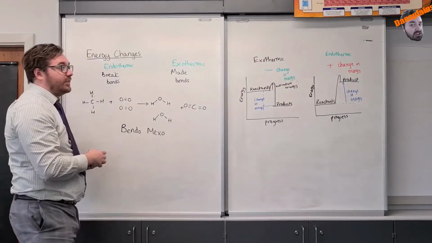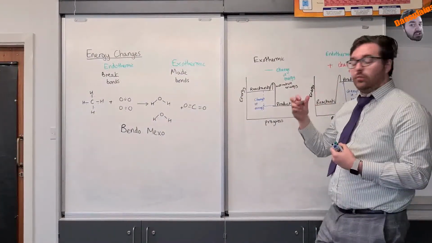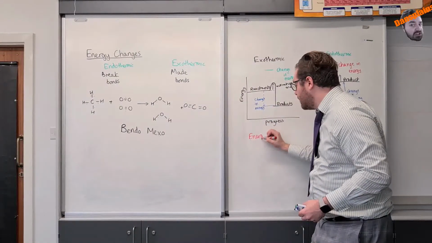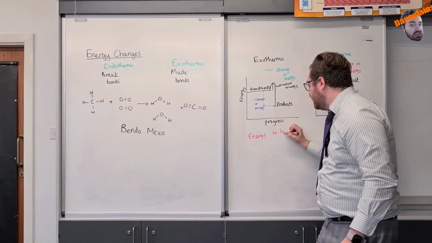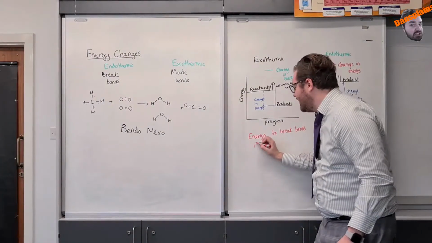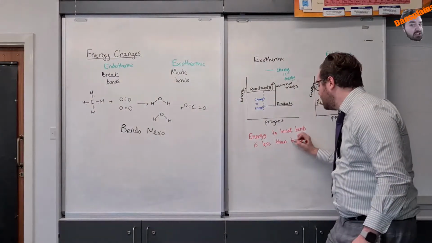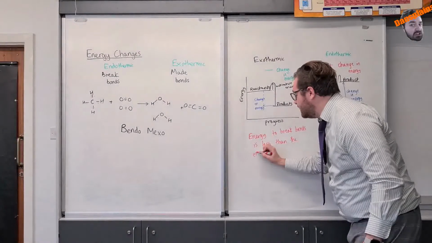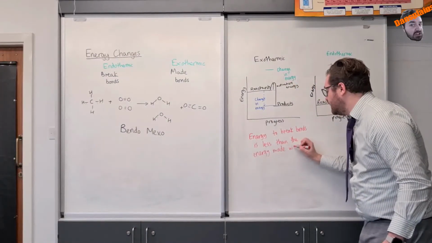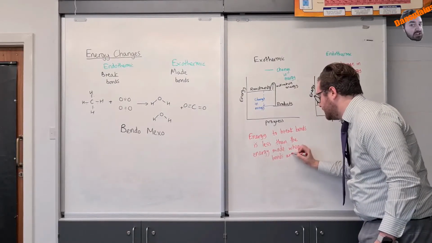Now we can always describe an exothermic reaction as one where the energy to break bonds is less than the energy made when bonds are made.